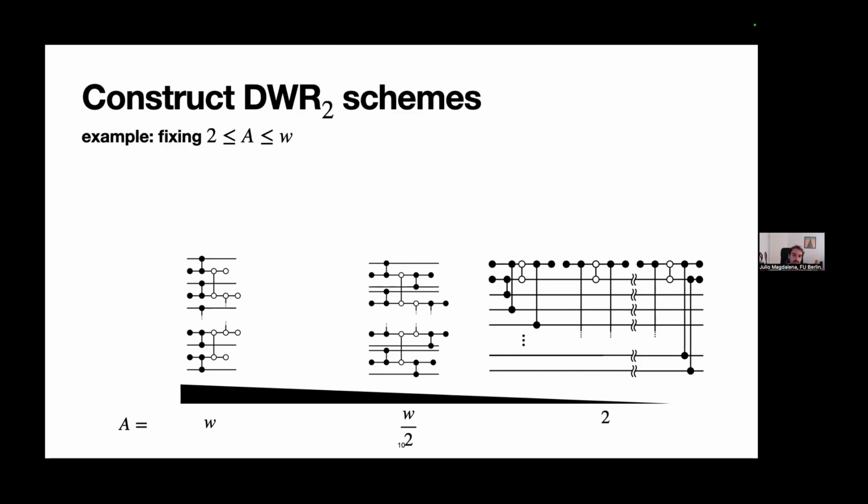I mean, the depth is the best depth you get by having exactly W or more auxiliary qubits, but then the depth can still be constant, namely 6 instead of 5, up to A equal W over 2. And then it goes down kind of linearly. But yeah, you would want to interpolate between these schemes as a first exercise.